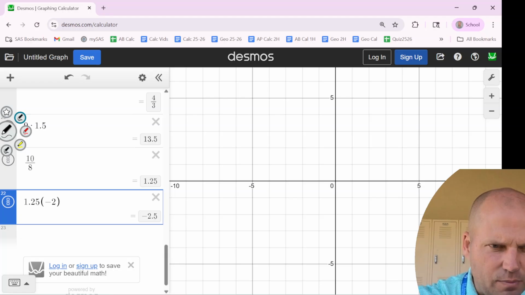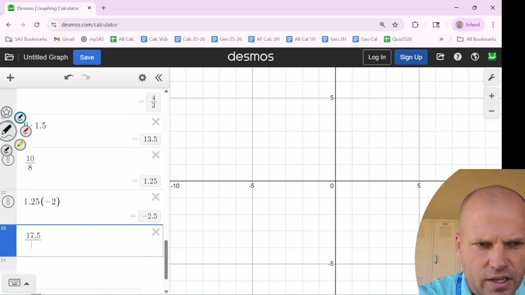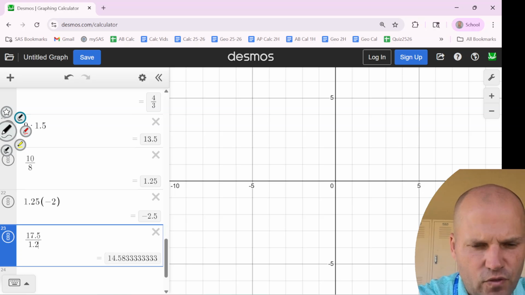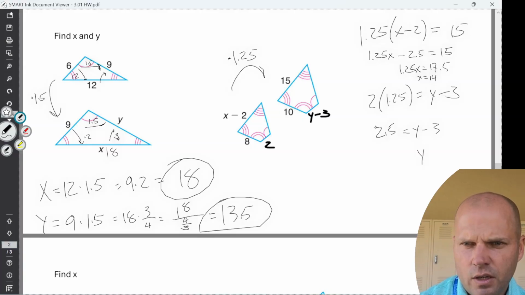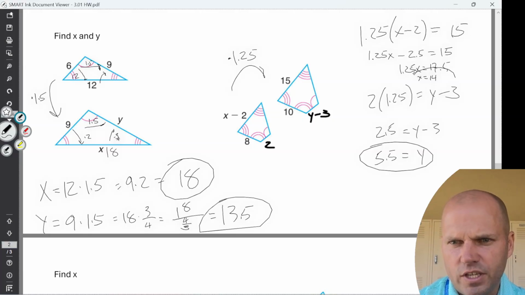I'll then take 17.5 and divide it by 1.25 to get 14. Great. 2 times 1.25 is 2.5 equals y minus 3. Add 3, y equals 5.5. So I got 14 and 5.5.